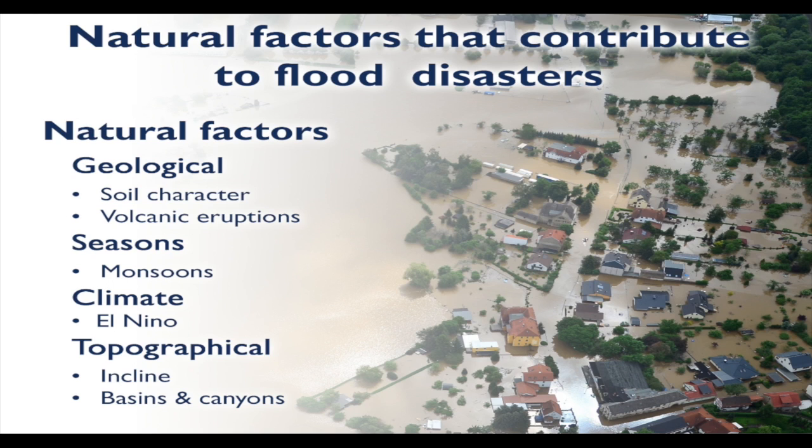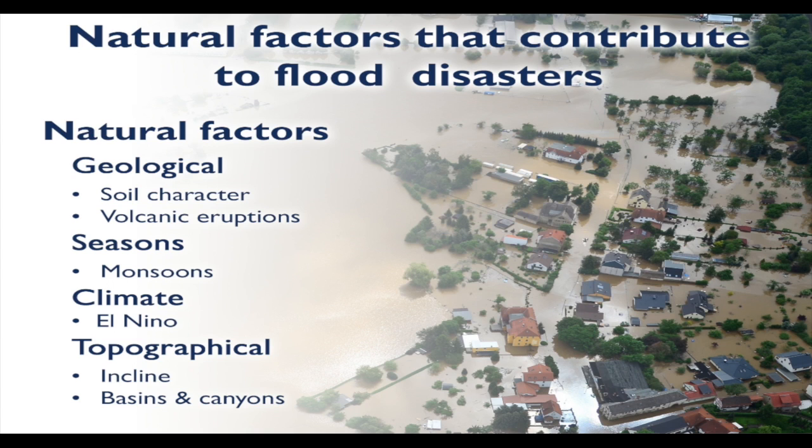Climate can also make a big difference, such as the climatic changes that occur with the El Nino Southern Oscillation in the Pacific Ocean. Changes in the temperature of the ocean itself create more propensity for floods in different continents around the Pacific. So we have this climatic influence as a natural factor that contributes to more flood disasters, or La Nina, which actually causes fewer flood disasters in certain areas.